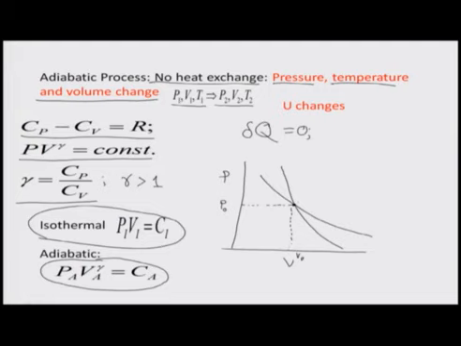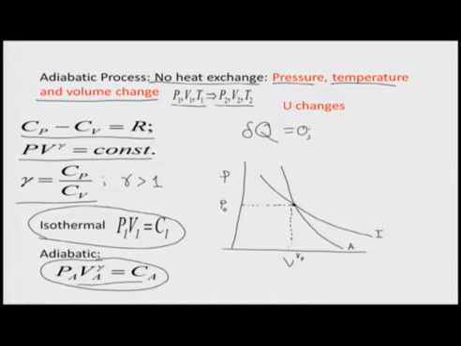Remember, one is characterized by the equation Pi Vi is equal to Ci, whereas the other, namely the adiabatic process, is characterized by this equation here. Now, you have to think a little bit, but I can tell by just looking at these two PV diagrams, this is adiabatic process, this is isothermal process.